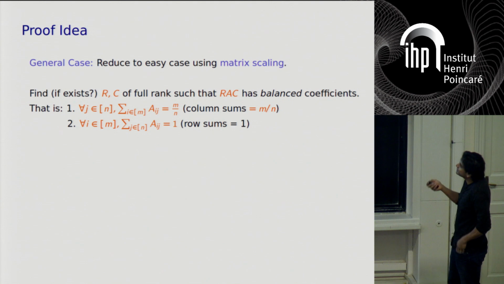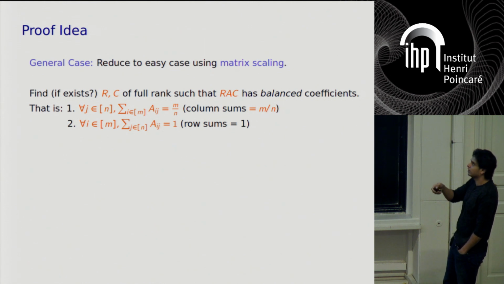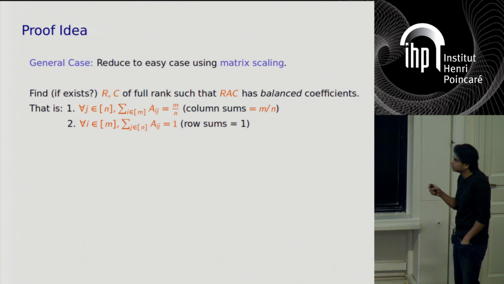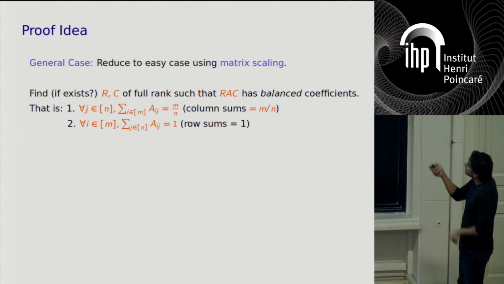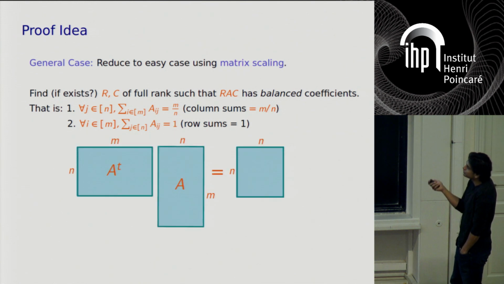What balanced means is that the row sums are going to be, say, 1, and the column sums are going to be m over n, where you have m columns and n rows. You'll see why this comes up. This is going to force things to be nice, and then I can do the same thing I was doing before.